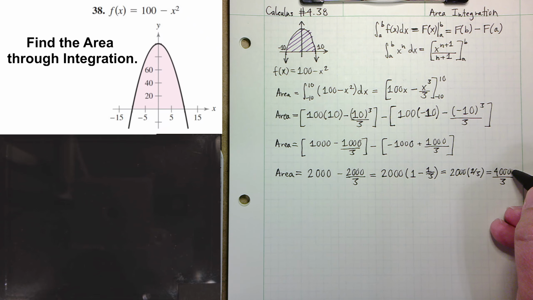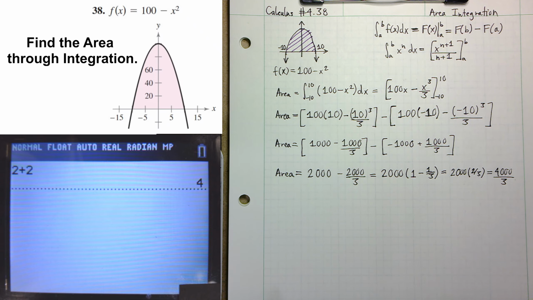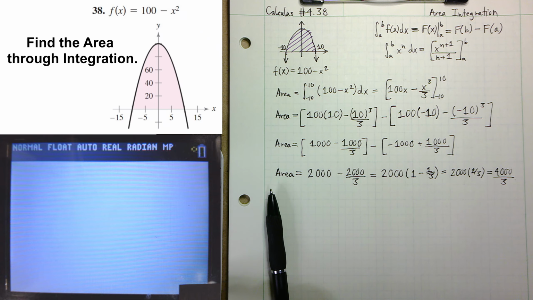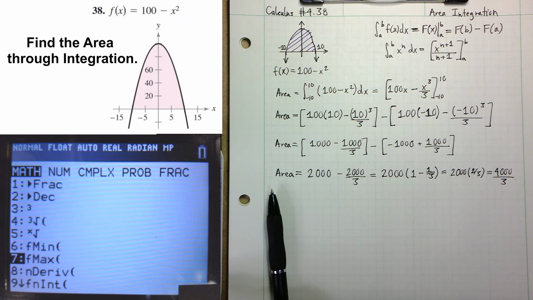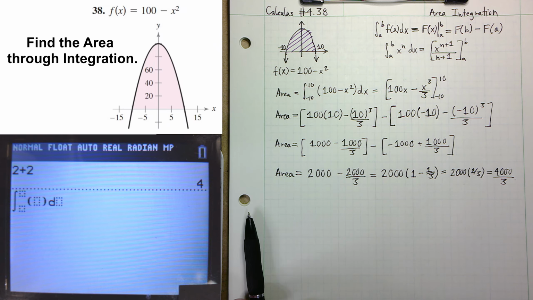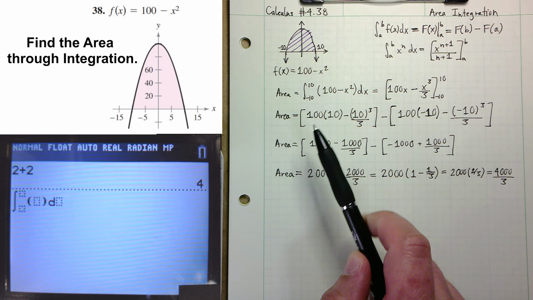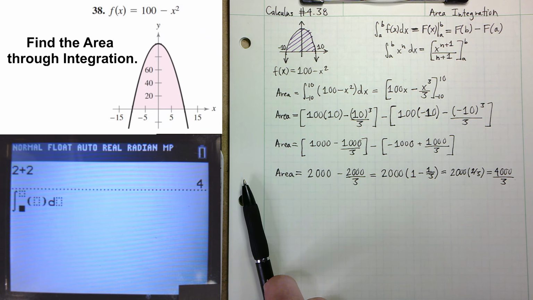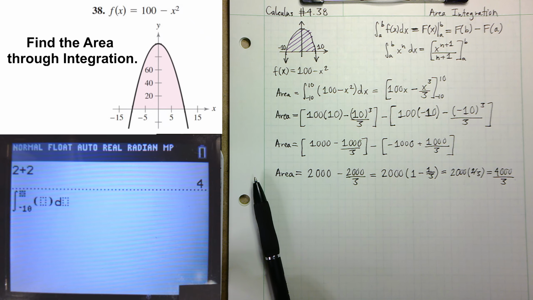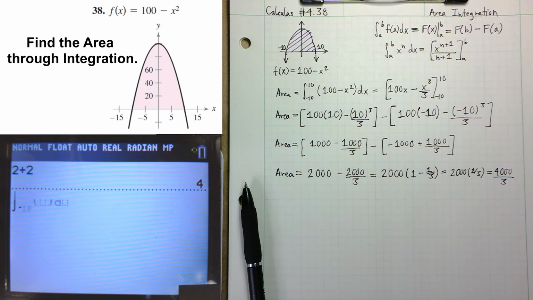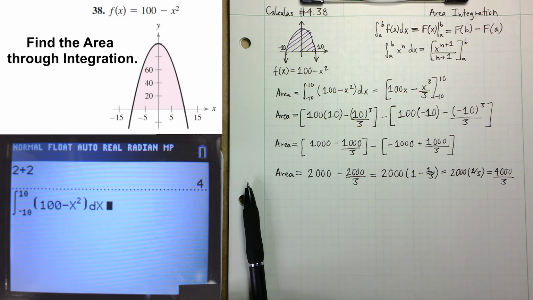We can check this now on our calculator just to be sure. We go to math and then FNINT for integration. We're going to integrate our limits from negative 10 to positive 10. We just type in the integral as we see it in the original problem, 100 minus x squared, and then we're integrating with respect to x.